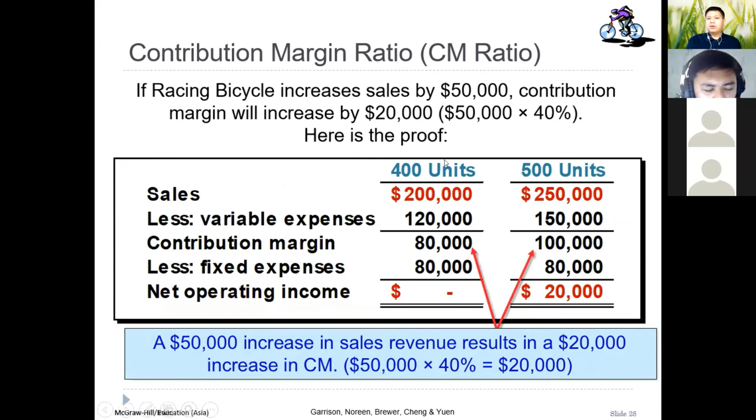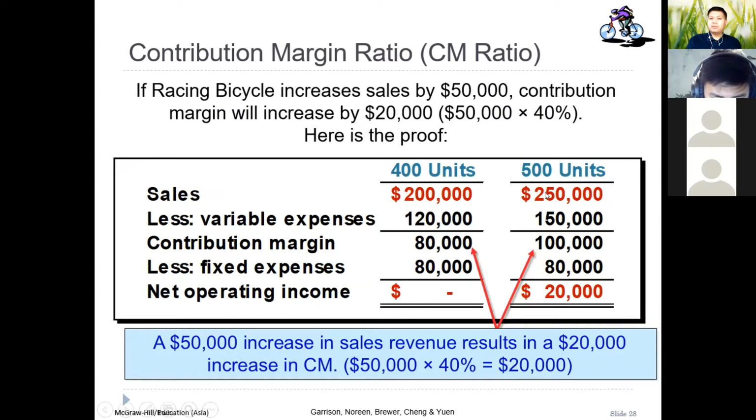What is 40% of 400? Sorry. We said the sales will increase by 50,000. That will be how many units? That will be 100 units. So that is increasing from 400 units to 500 units. This is 200,000. How did you arrive at 250,000? That is 500 times 500.